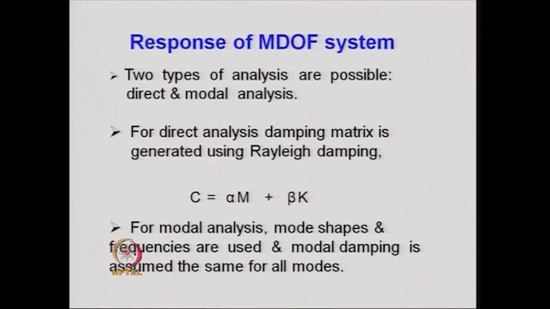So, the C matrix must be known, and the C matrix is obtained by assuming it to be Rayleigh damping, that all of you know, and that is equal to alpha times the mass plus beta times k. And these alpha and beta values can be obtained from two frequencies of the system. It depends which two frequencies you take. Most of the people take the first two frequencies, but it is not necessarily that one should take the first two frequencies.